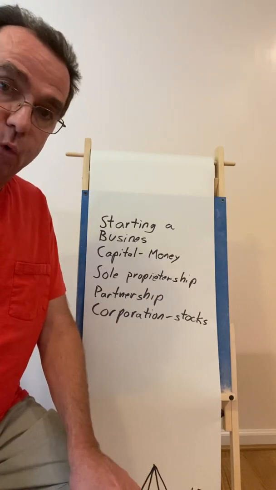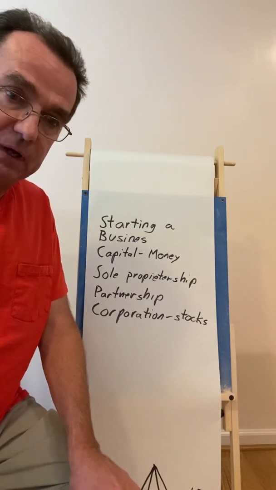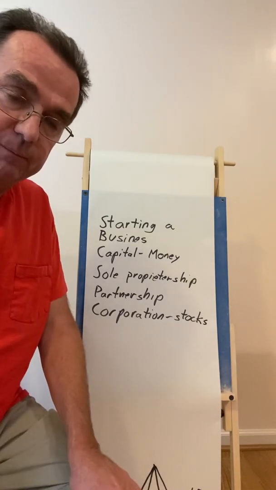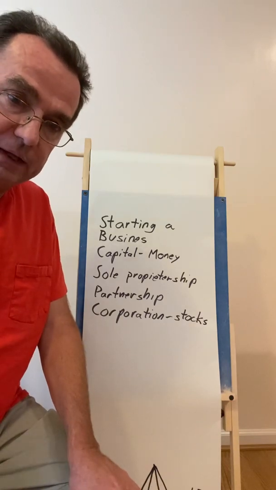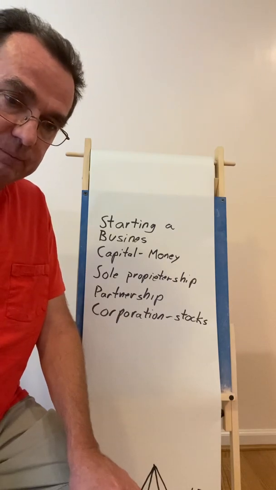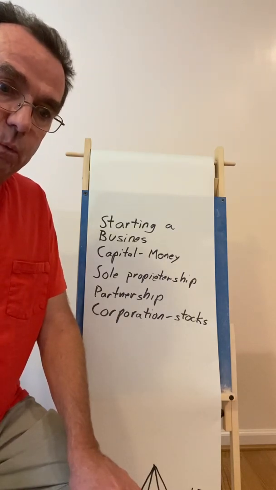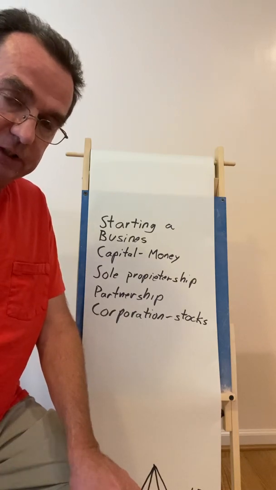You can have two or more people own the business, not always equally. Sometimes one partner owns more than the other. And then eventually the biggest type of business is a corporation, and they raise their capital by selling shares of stock.